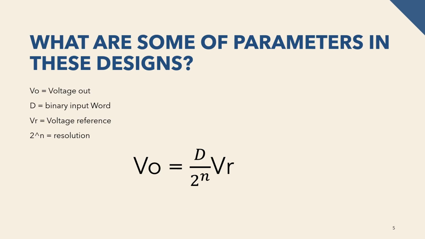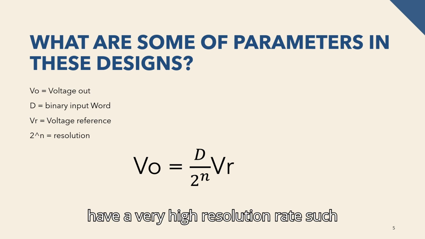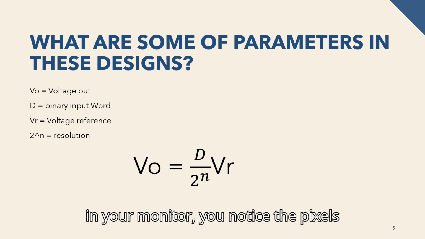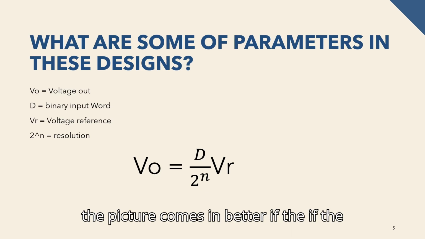Okay. So the higher the resolution, the more faithfully it can produce that sound. If you have a very high resolution, such as on your monitor, you notice the pixels get smaller and tighter, and the picture comes in better.